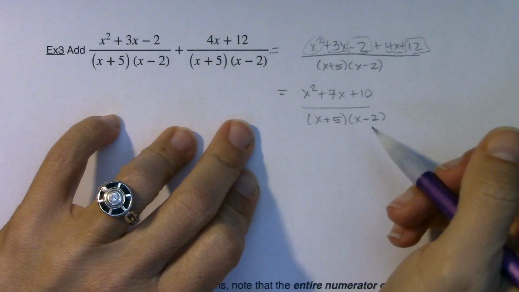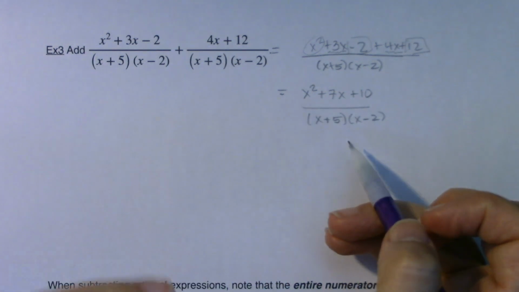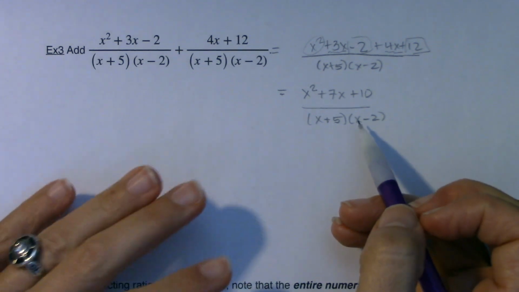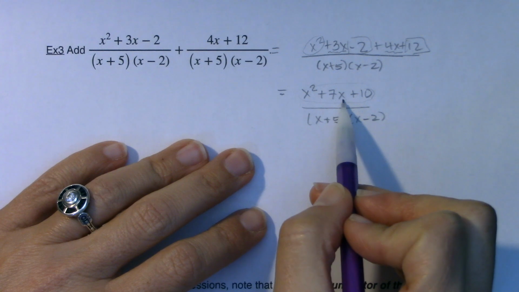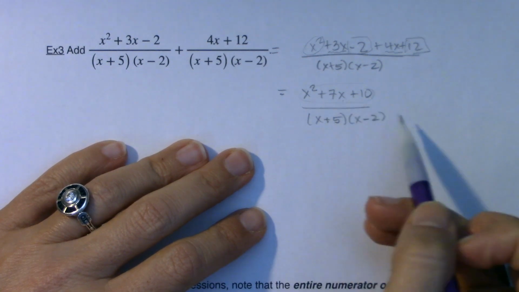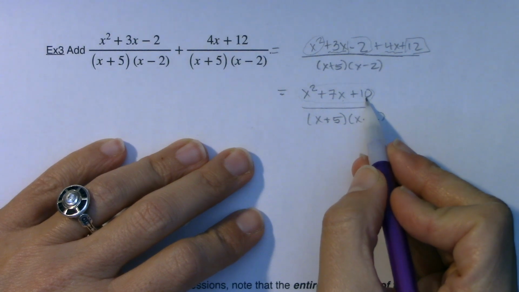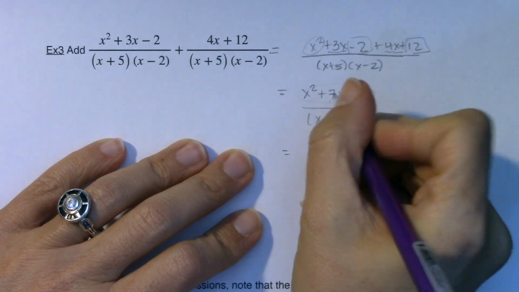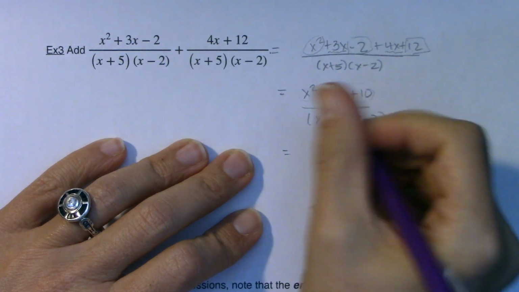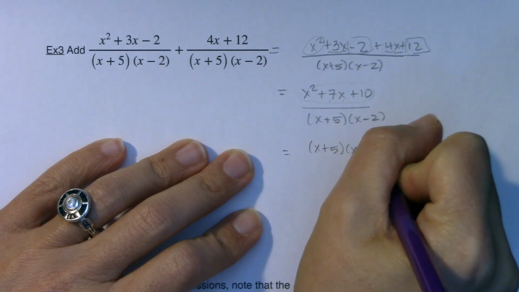All right, and so we're cruising along here, and this problem adds another component to these types of problems, in that x squared plus 7x plus 10 is a quadratic that can be factored. So we think of numbers that multiply to 10 but add to 7. Two numbers that multiply to 10 but add to 7 are x plus 5 and x plus 2.